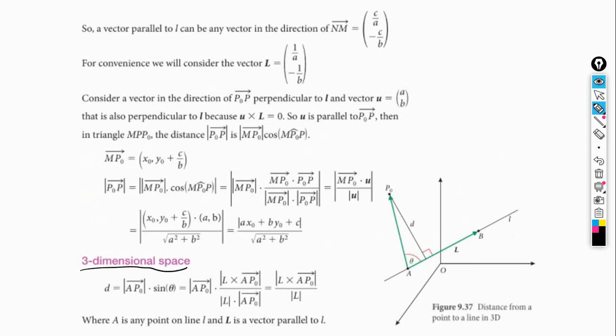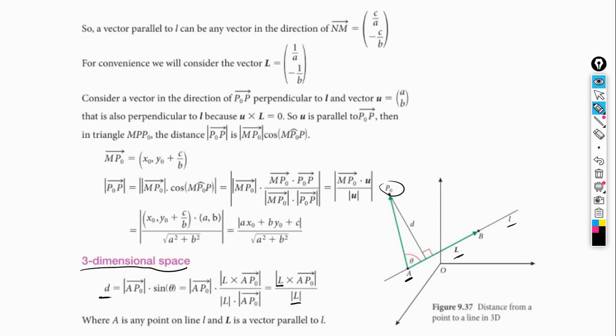In the 3-dimensional space, you're going to find that the distance is equal to the absolute value of a vector L, which lies on the line L, times, this is cross product, the vector AP sub 0, which is the point that you see here. So this vector is given from point A to point P, the absolute value of that over the magnitude of vector L. Now, why is that?